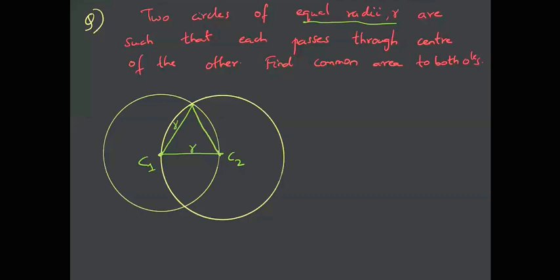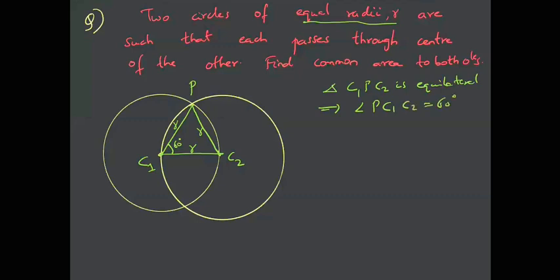And similarly, this is also r, right? Now, this angle would be 60 because the triangle is equilateral. Let us say this point is P. So triangle C1PC2 is equilateral. So this implies that angle PC1C2 is equal to 60 degrees.